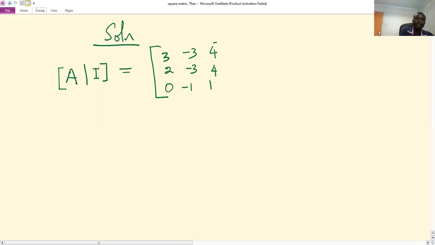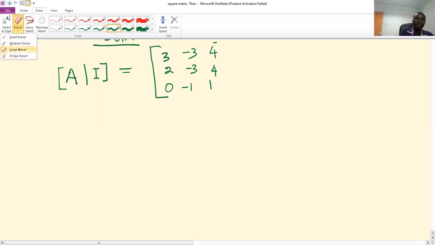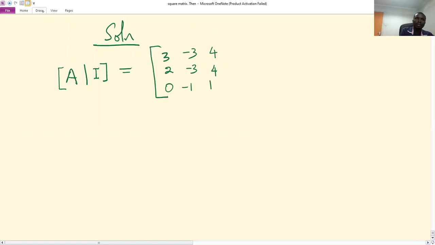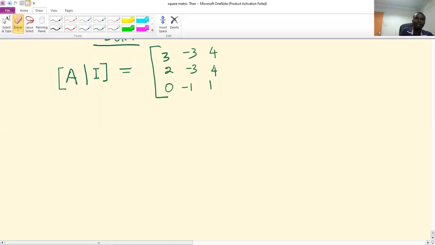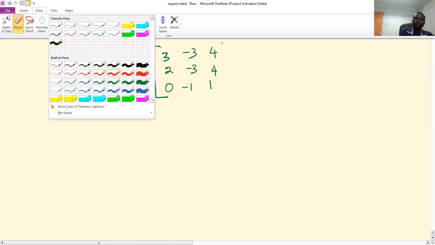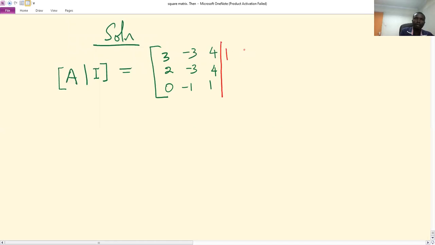And then you separate A by a straight line. Then write the identity matrix 1, 0, 0, 0, 1, 0, 0, 0, 1.